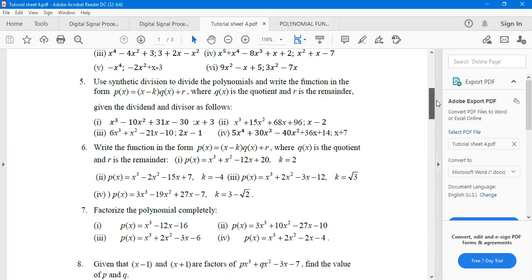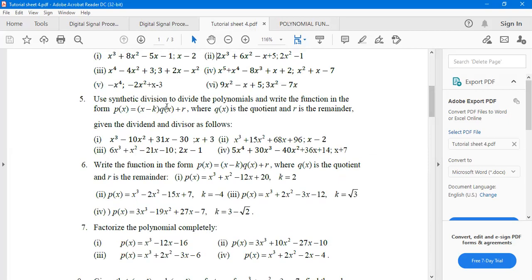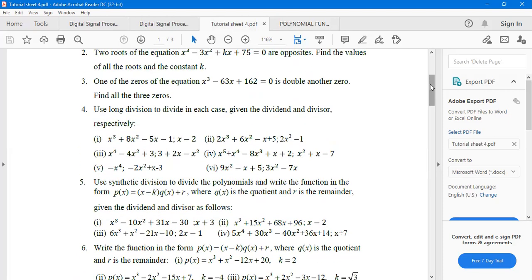When dividing polynomials, how do we divide polynomials? Okay, this particular one is asking us to use synthetic division. So let's tackle certain questions from this. In dividing polynomials, make sure that you align all the coefficients that are needed.